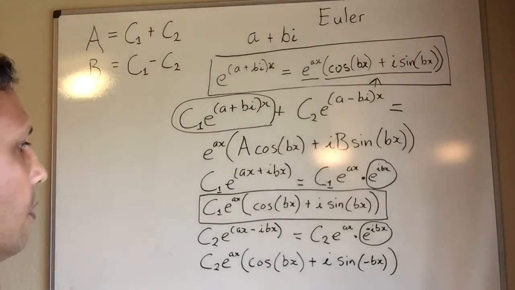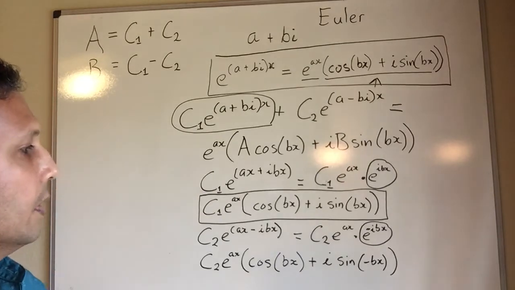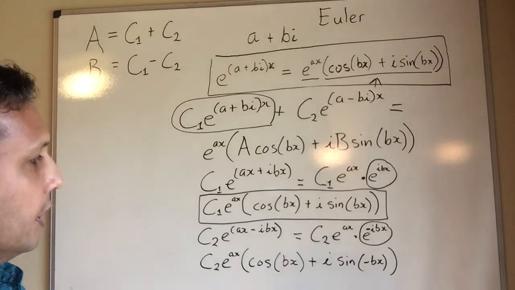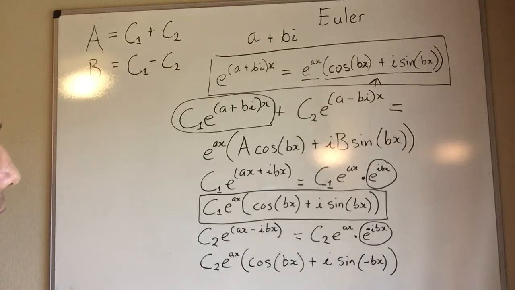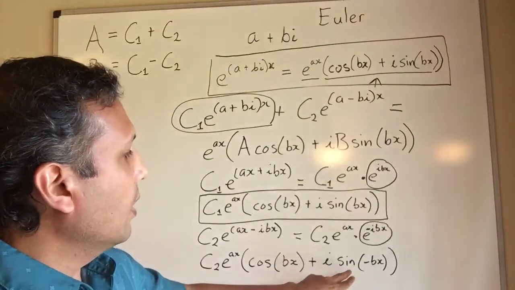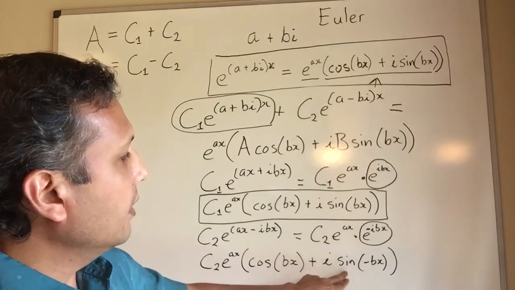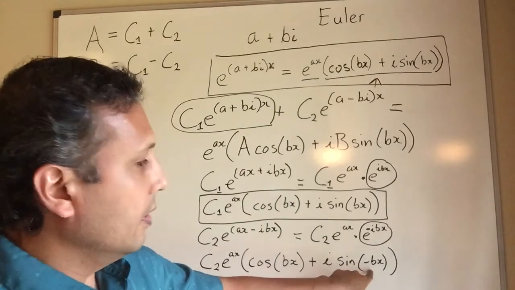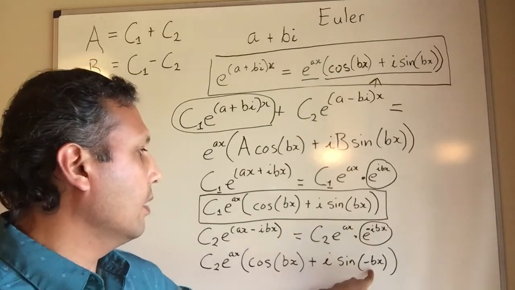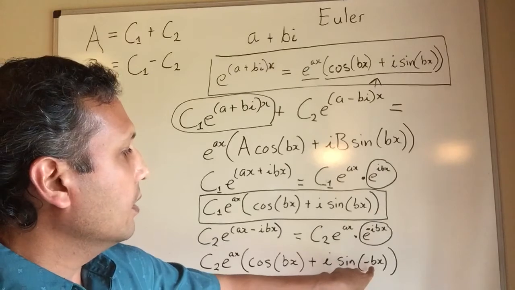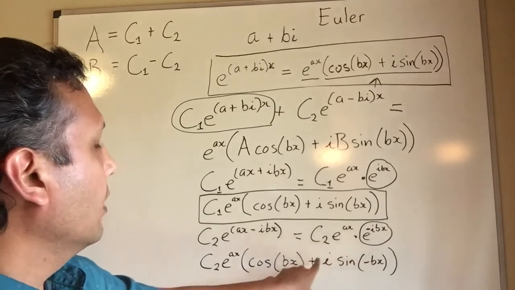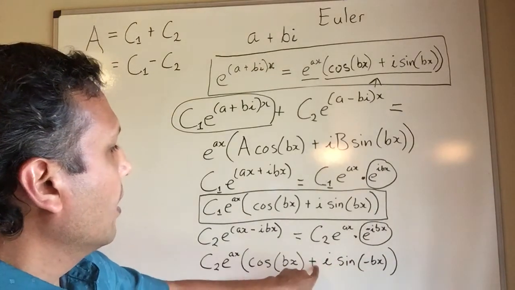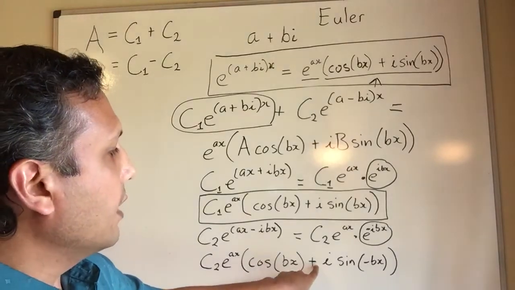Now I remember in my trigonometry understanding that when I have a sine with a negative value inside the parentheses, I can actually take the negative sign out and put it outside of the sine.